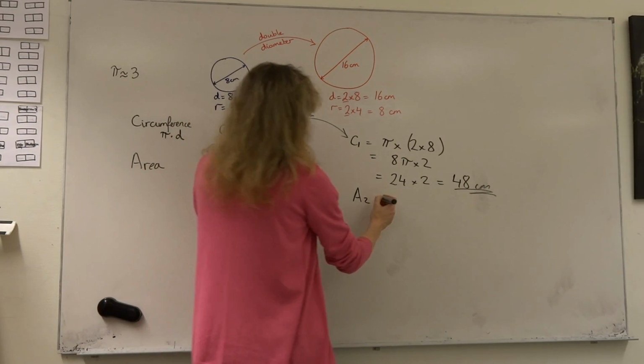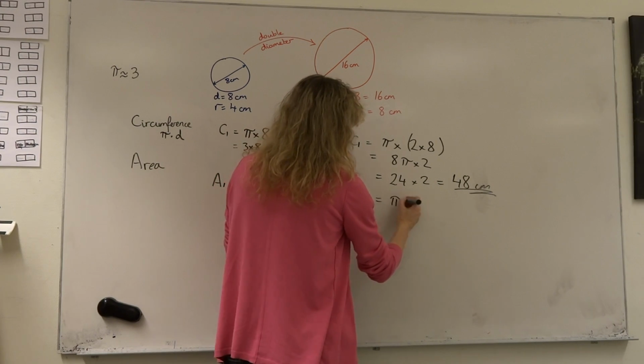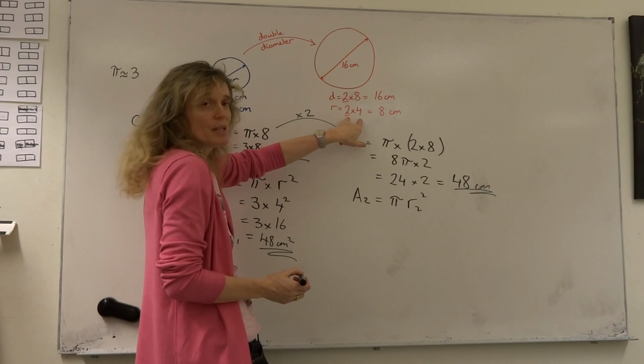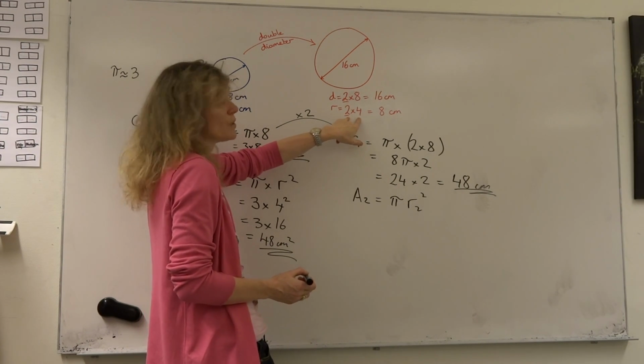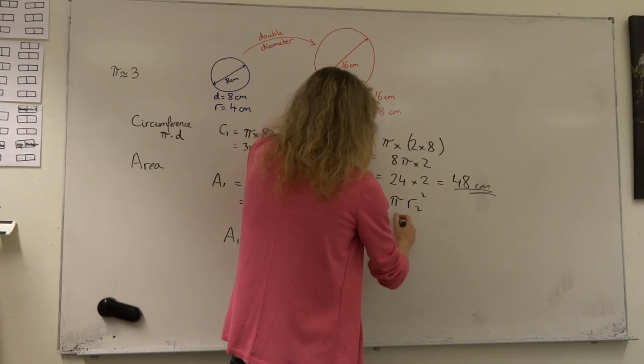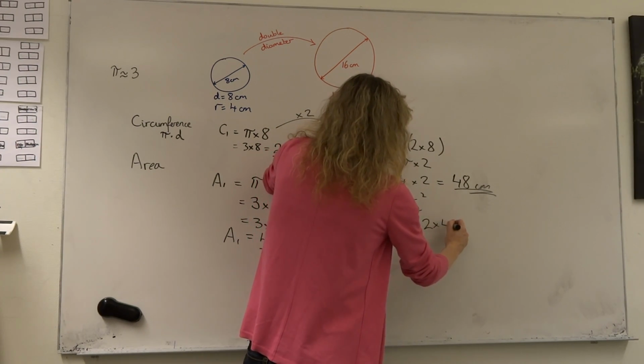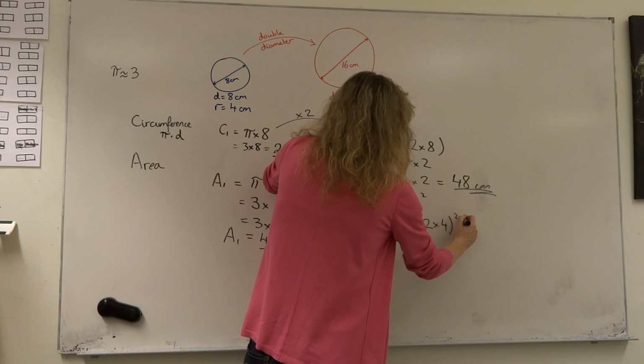Well, the area of circle 2 will be the same formula, pi times the radius squared. Let's keep this radius in terms of 2 times 4. So we have pi multiplied by 2 times 4, all squared.